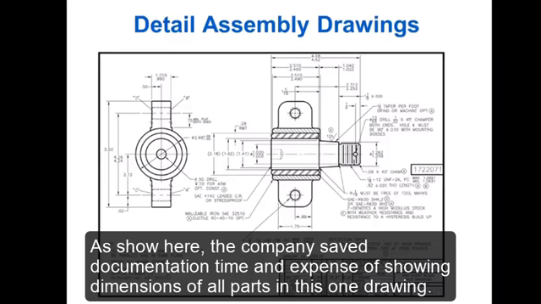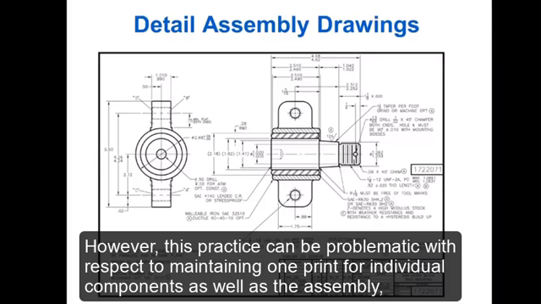As shown here, the company saved documentation time and expense of showing dimensions of all parts in this one drawing. However, this practice can be problematic with respect to maintaining one print for individual components as well as the assembly.